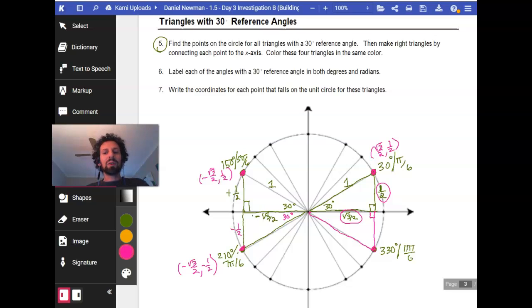And again, we go rad 3 over 2 to the right, and we're going to go down 1/2 unit. So that gives us the coordinates of this point as positive rad 3 over 2, our x value, and negative 1/2, our y value. Okay, and so we have essentially the coordinates for all 30-degree reference angles.